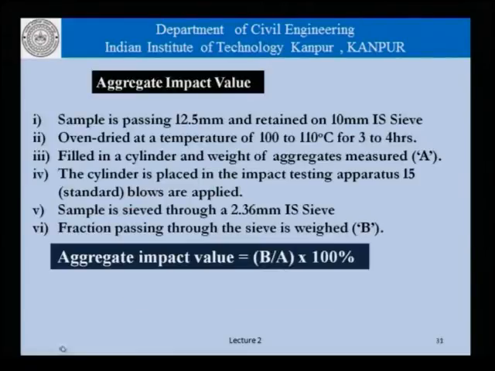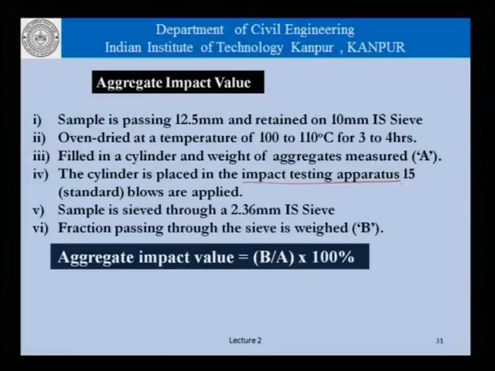Now, coming to the aggregate impact value. This is another test where again the sample is similar, passing through 12.5 mm and retained on 10 mm. It is oven dried, filled in a cylinder, and the weight of this aggregate taken is measured, and the cylinder is placed in an impact testing apparatus, which we will show in a later slide, and 15 standard blows are applied.